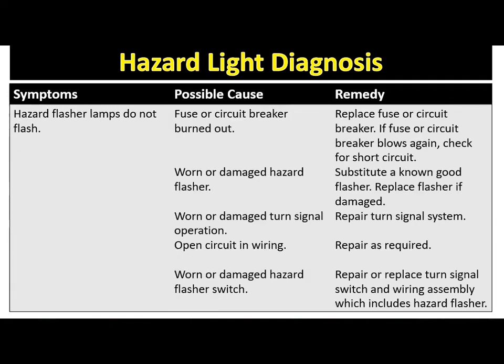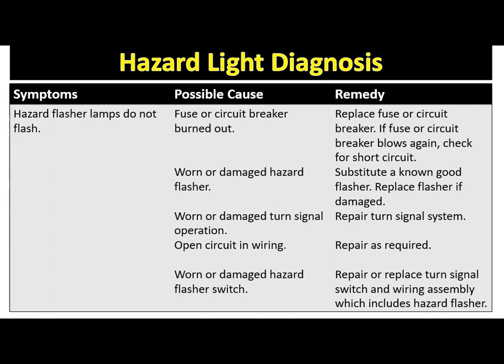Then hazard flasher lamps do not flash. Possible causes could be a fuse or circuit breaker burned out. Replace fuse or circuit breaker. If the fuse or circuit breaker blows again, check for short circuit. Possible cause is a worn or damaged hazard flasher.